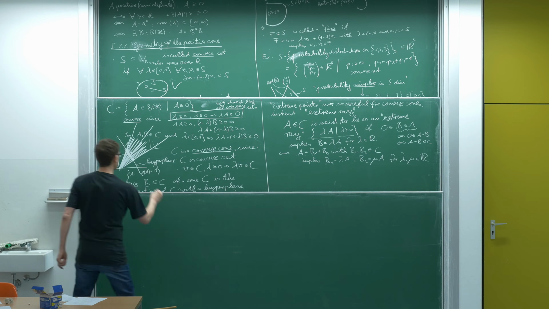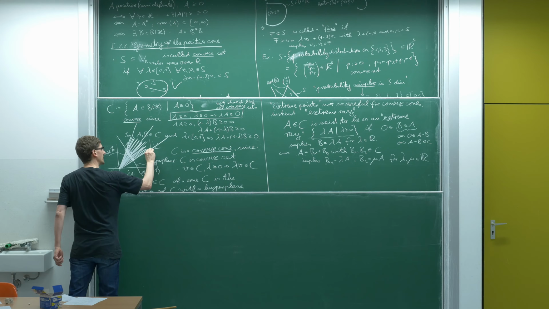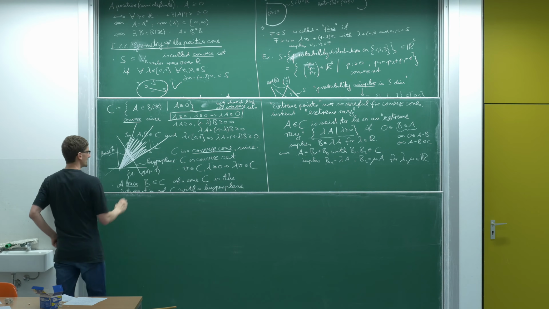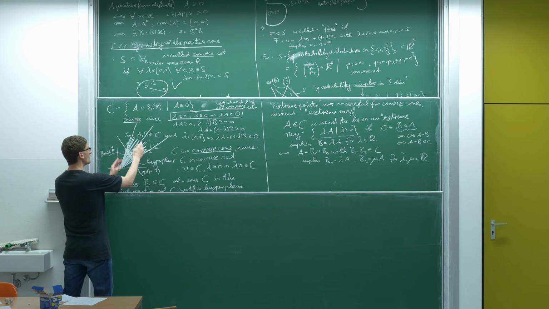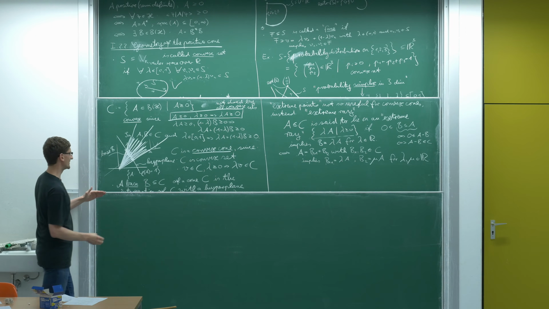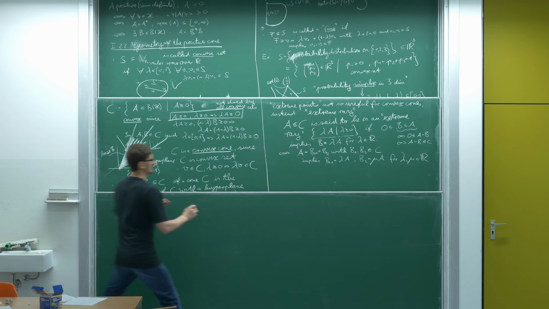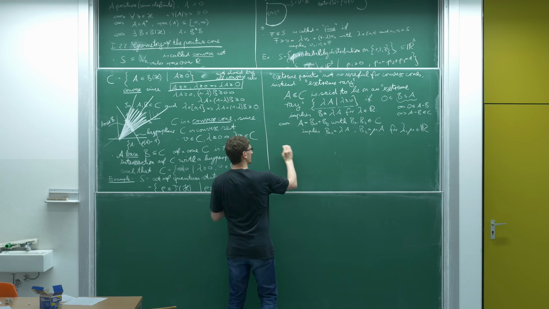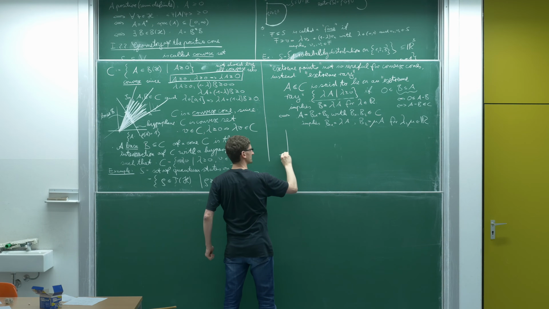So this is, for example, true for this point. If you want to write this point here as a sum of two other elements of the cone, then, let me make an example here.